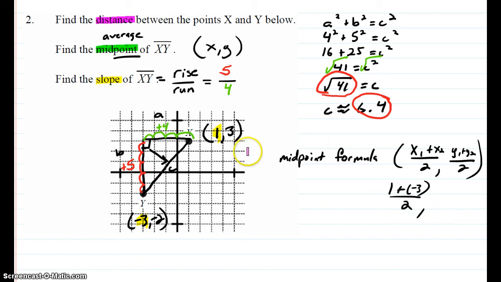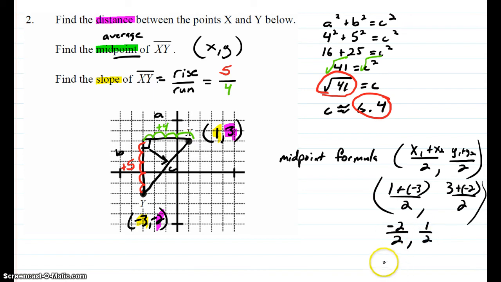And now I'll add up the y's. 3 plus -2. And it's written as a point. So 1 plus -3 gives me a -2 over 2. 3 plus -2 is 1 over 2. This becomes -1, 1/2.